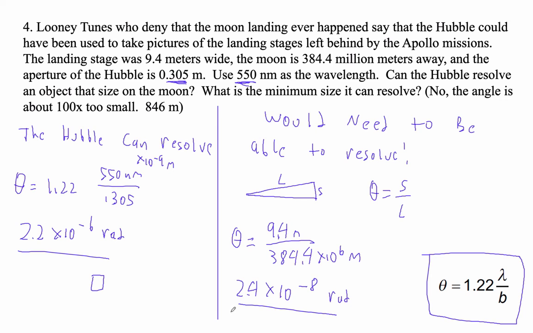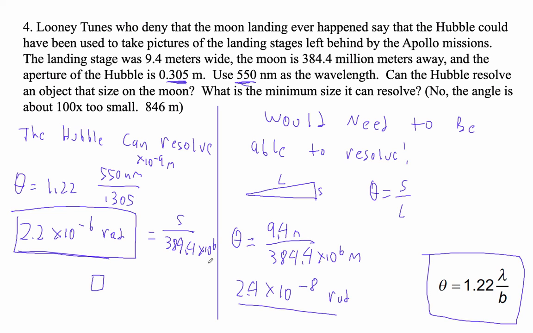So then the question is, what size object could it resolve on the moon? If we take this angle and project it all the way out to the moon, that's going to equal some distance on the moon that we can resolve divided by 384.4 times 10 to the 6th. Those are megameters, by the way.